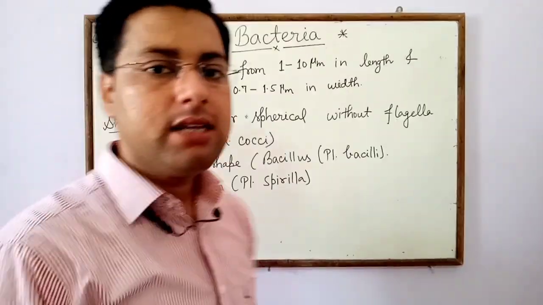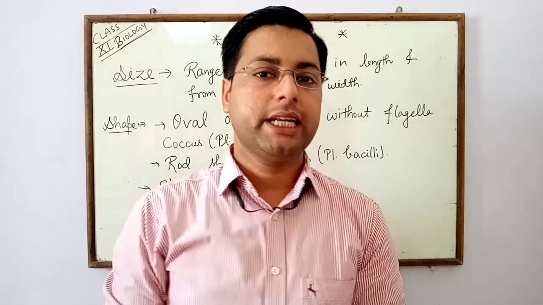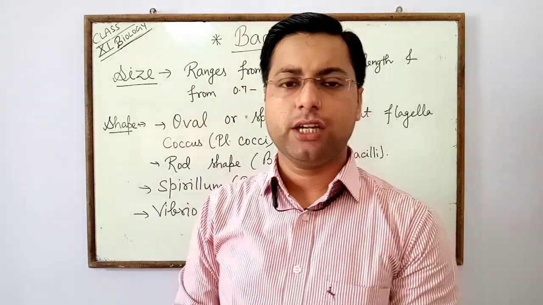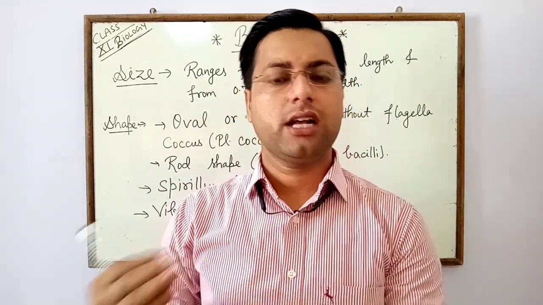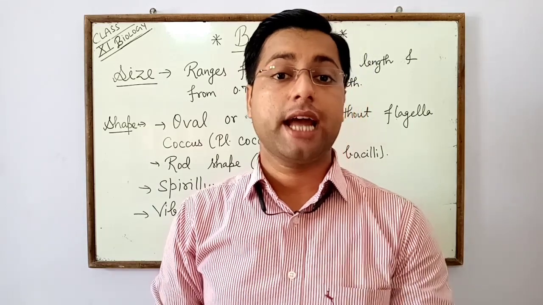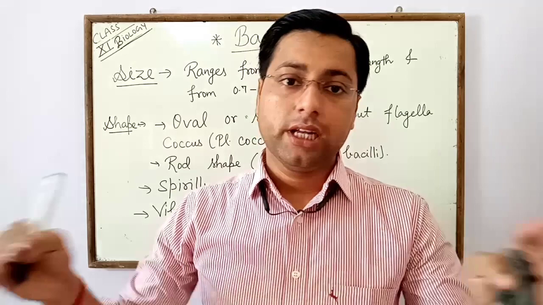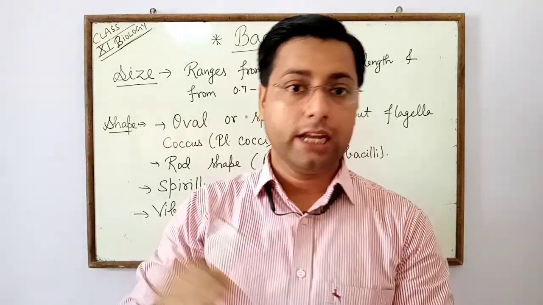Now about the size and shapes of bacteria. There are different types of bacteria on this earth, so variation also occurs in their size and shapes, because all are not of equal size and all are not of equal shape.